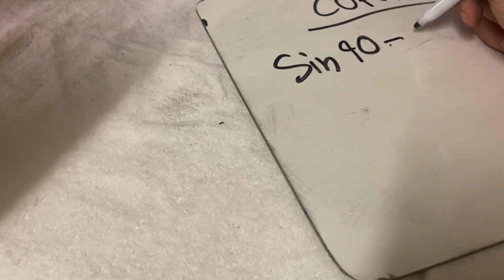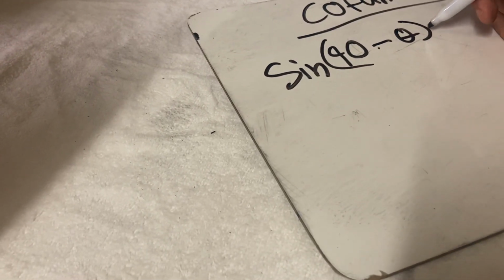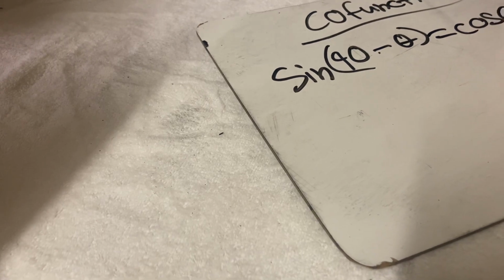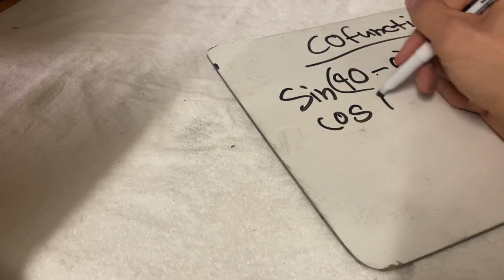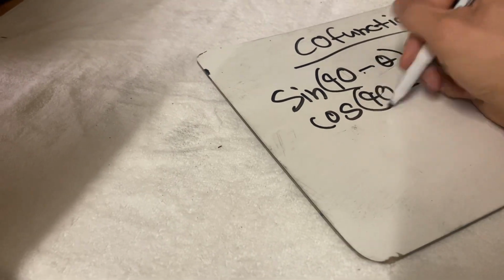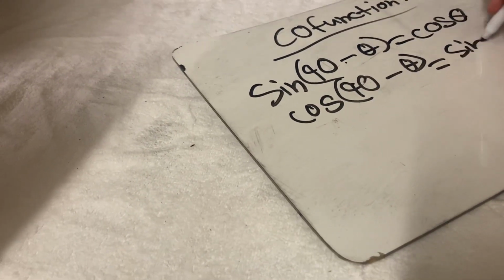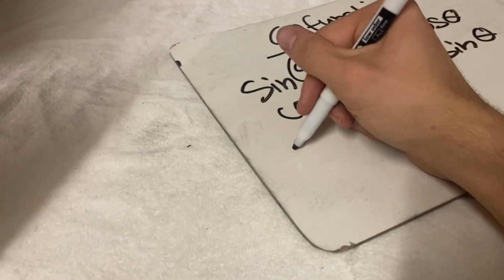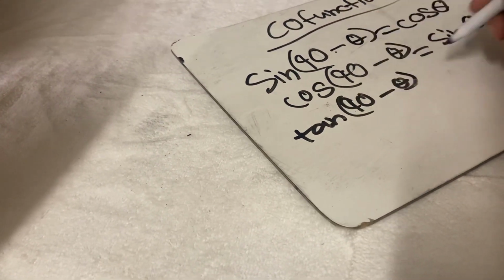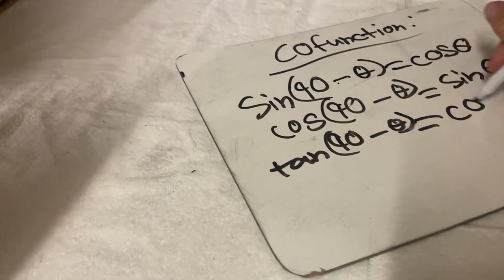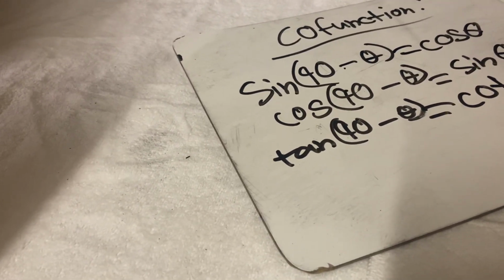So the sine of 90 minus theta would equal cosine theta. Cosine of 90 minus theta would equal sine theta. Tangent of 90 minus theta would equal cotangent theta.